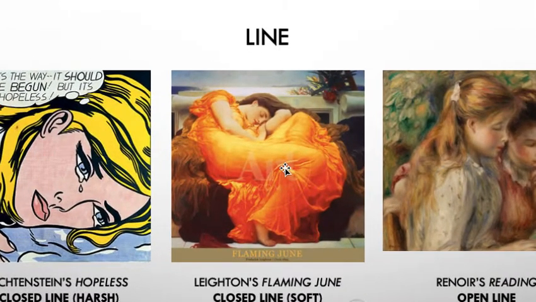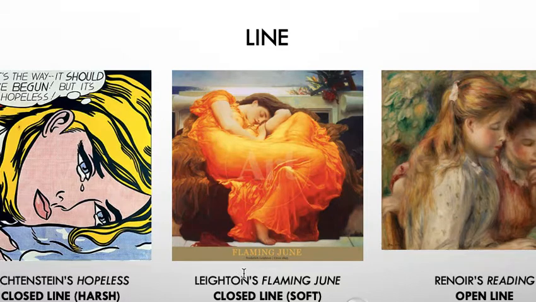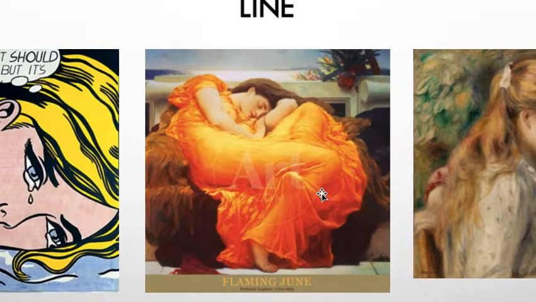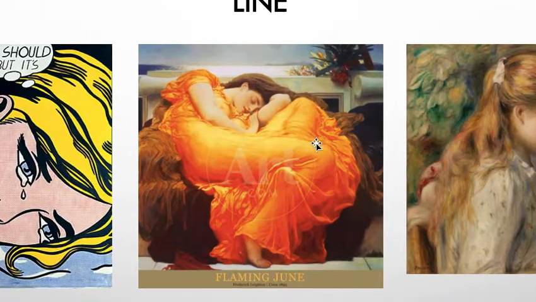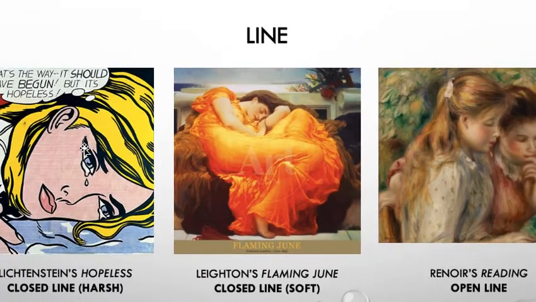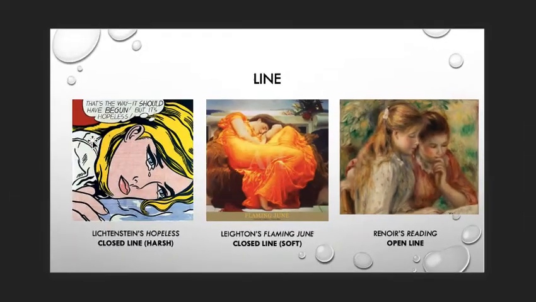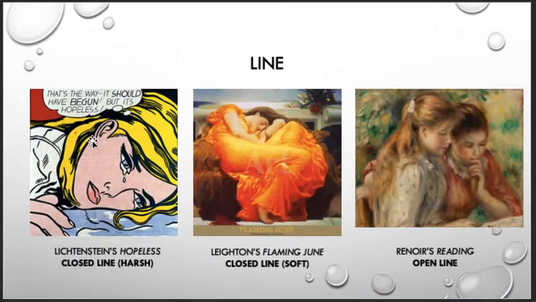There we go. This is also a closed line because if you get close enough, you can actually see the lines here, here, here. There are certainly lines that we can see, but they're not as harsh as Lichtenstein's lines. Let me zoom back. There we go.